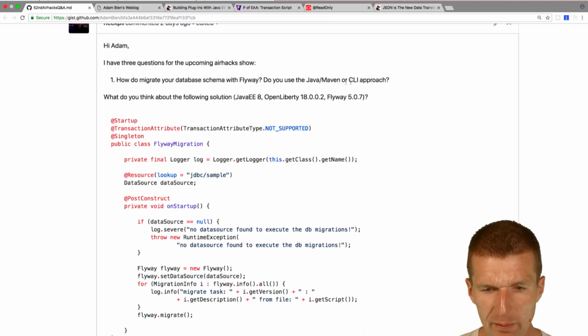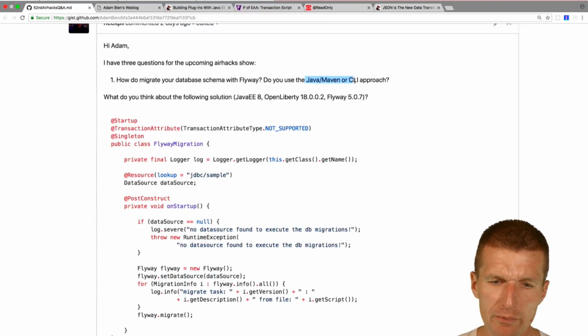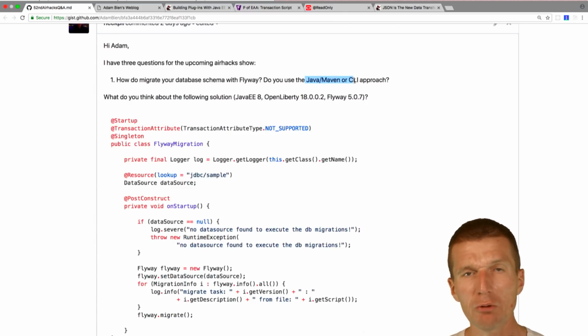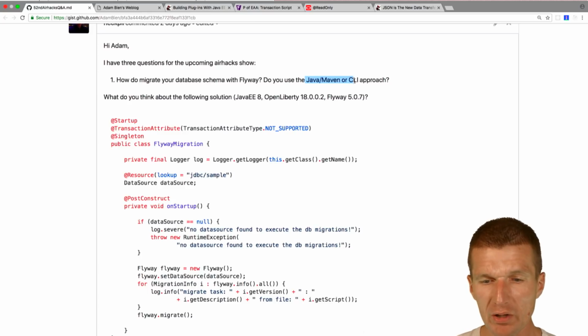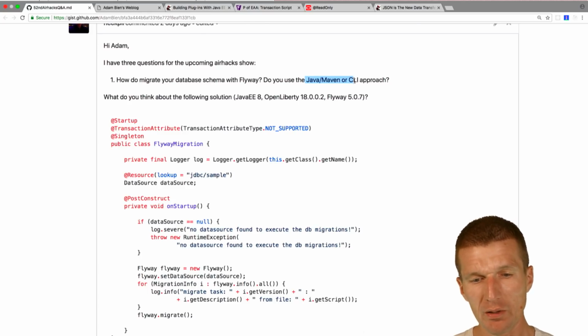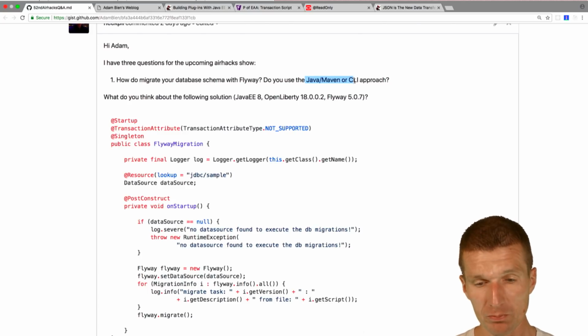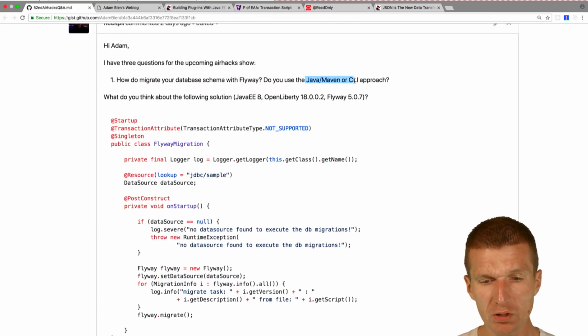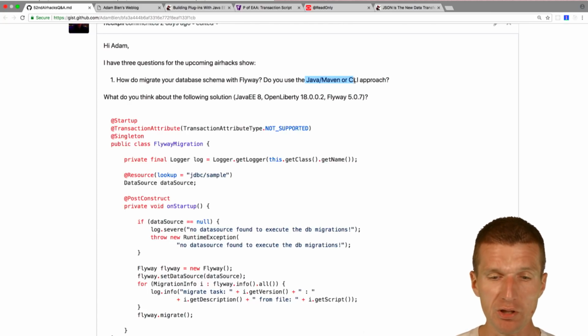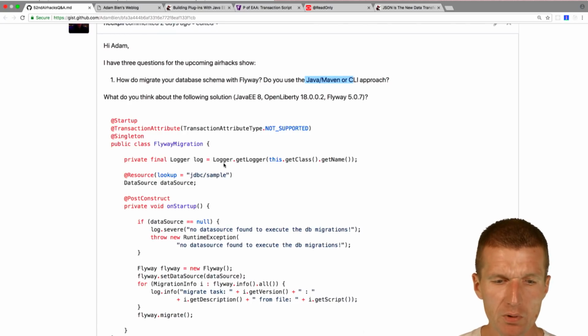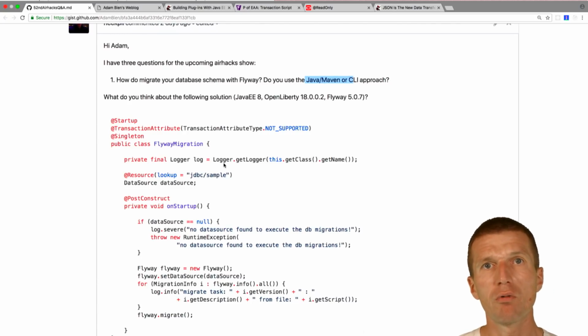And also CLI approach, Maven. Yeah, also with Maven, for instance, right now we have cloud native OpenShift pipeline, and one slot of the pipeline is Flyway DB migration. And then we don't use it inside the application, we use it outside the application. The question is to know when to use what. In one case, I used the startup singleton bean approach for a product.